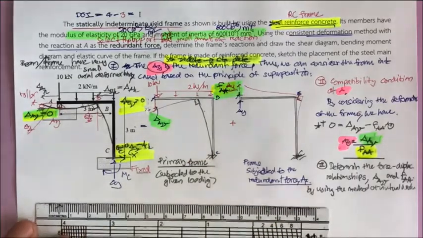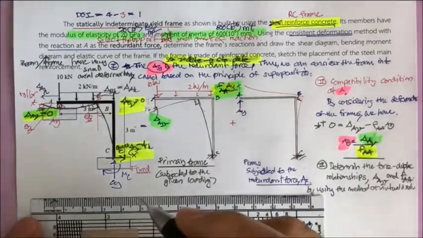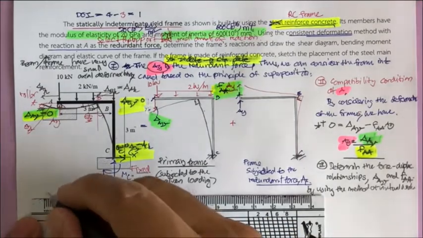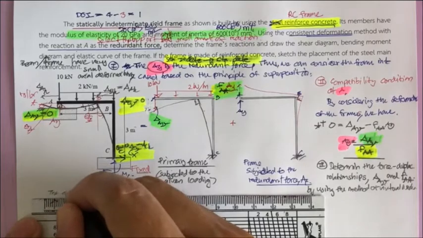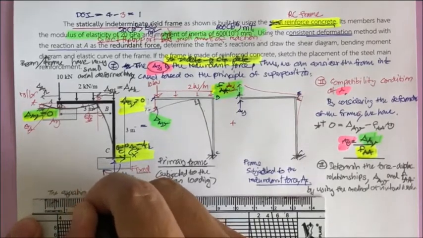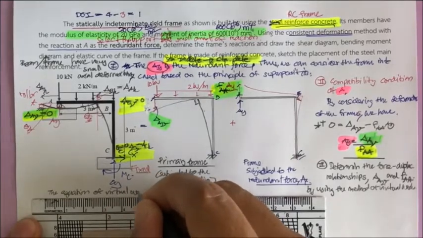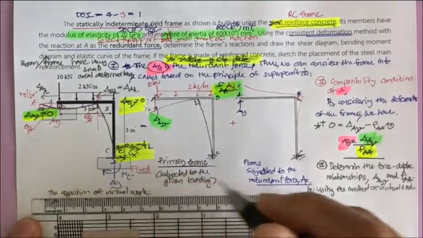So we have what's so-called the equation of virtual work. And then it says what?